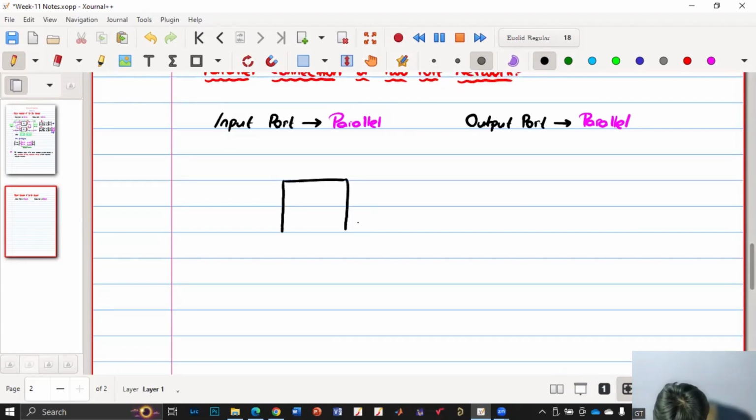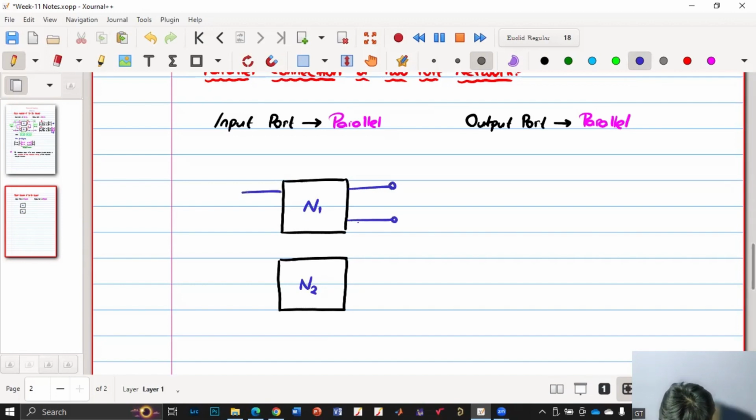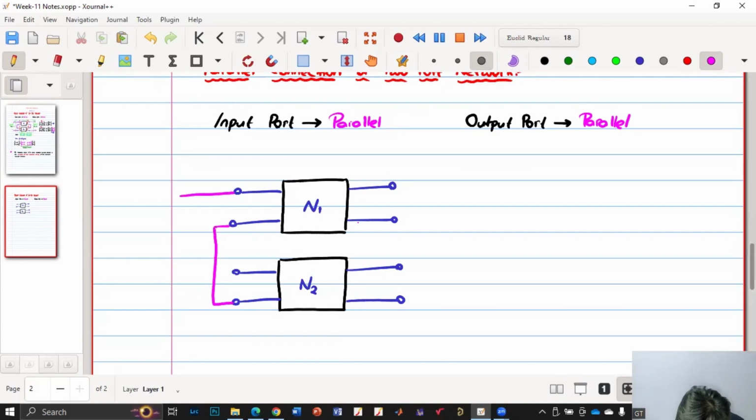So this is our network N1 and this is our network N2. And let us consider the two ports here. So now when we say they are connected in parallel, which means they are connected something like this. So this is connected over here and this is connected over here.